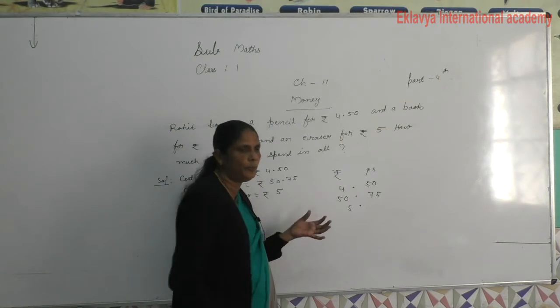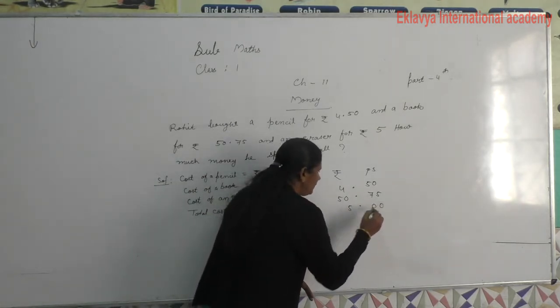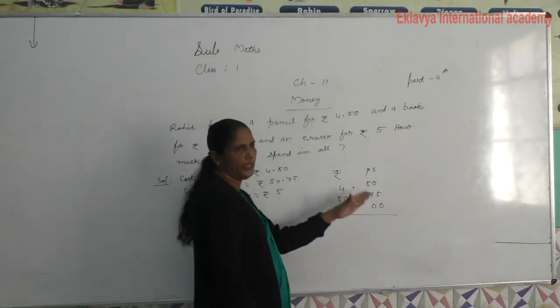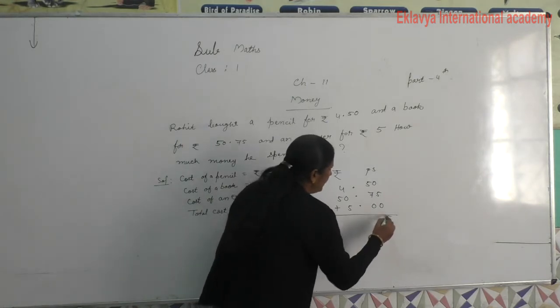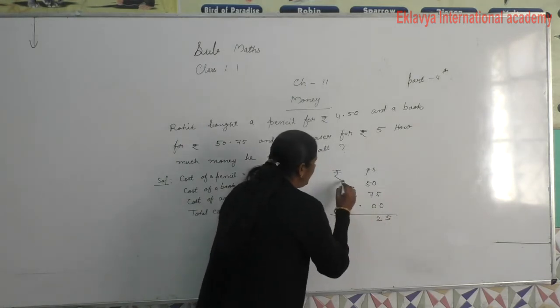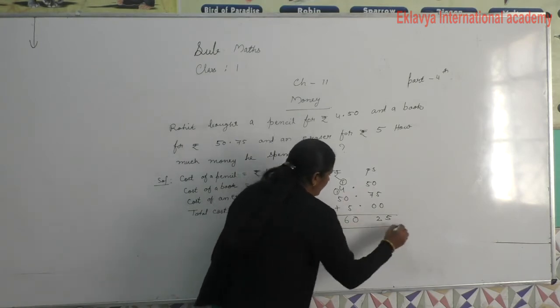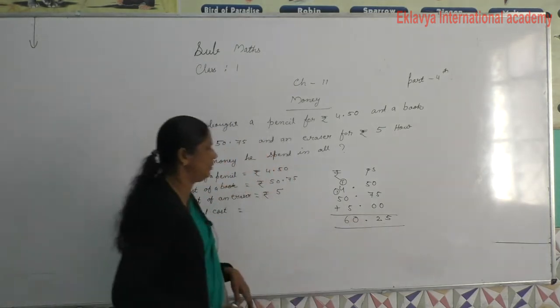Here there is no paise, here you put 2 zeros. Now we add: 5, then 12 carrying 1, then 10 carrying 1, then 6. Then put the point here also.